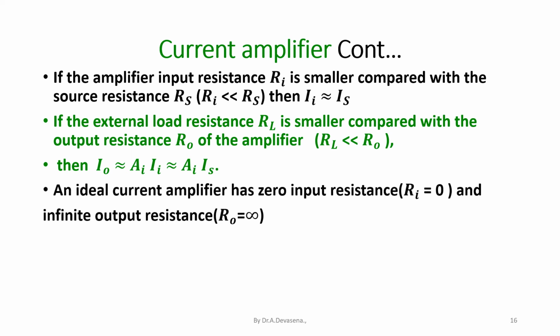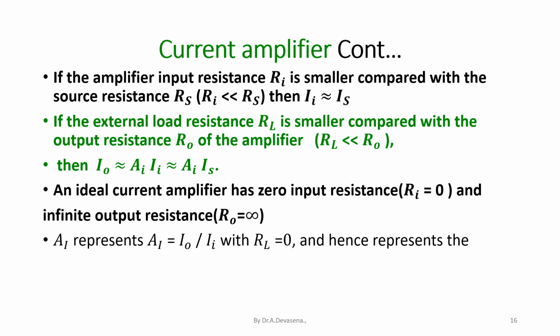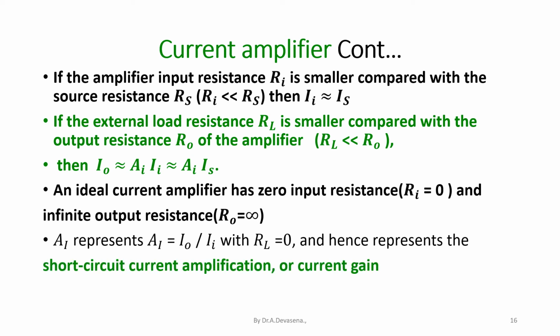An ideal current amplifier has zero input resistance, that is Ri equal to 0, and infinite output resistance, that is R0 equal to infinity. AI is equal to I0 by Ii with RL equal to 0, and hence represents the short circuit current amplification, or simply current gain.